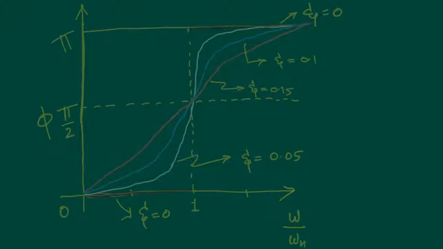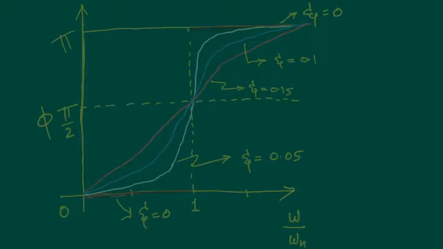Similarly, in this region as well, when your damping is less, it has a tendency to approach the value of pi, and as damping increases, it assumes slightly lower values.